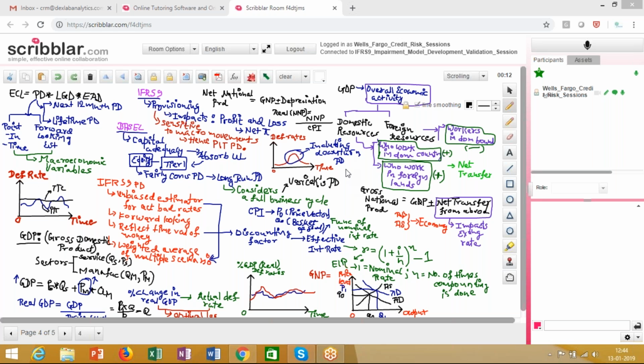So in today's discussion, what we need to understand is the association between GDP and CPI, and what the challenges are, what questions we need to ask ourselves if we want to introduce this particular variable with the PD model.